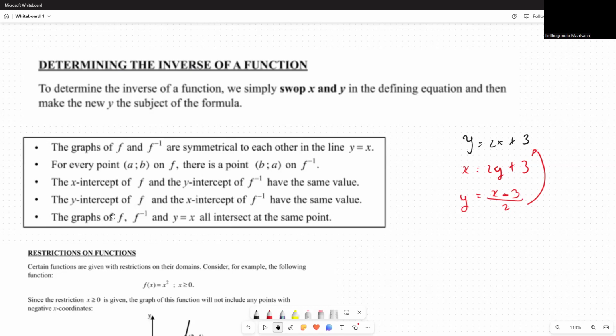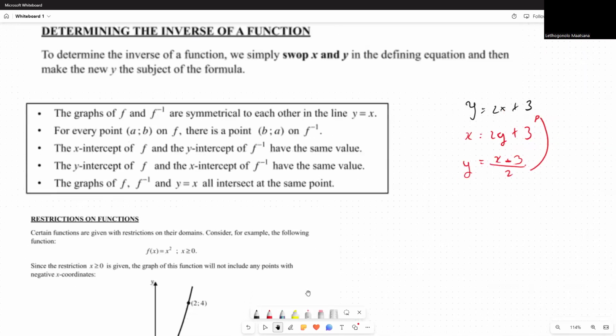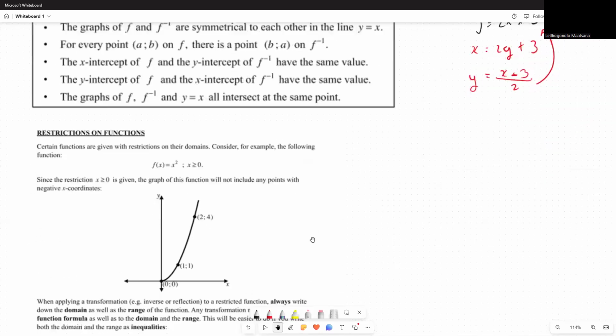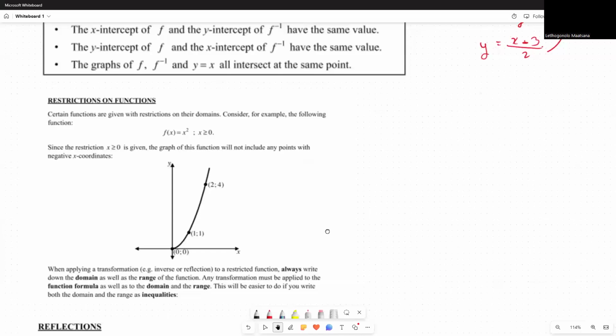And for the graph of the original and the inverse, they will intersect each other on the line y is equal to x, so all the intersections will be at the same point. Now, the problem with our inverse, especially for a parabola, is that when we have the inverse, it is no longer considered a function.